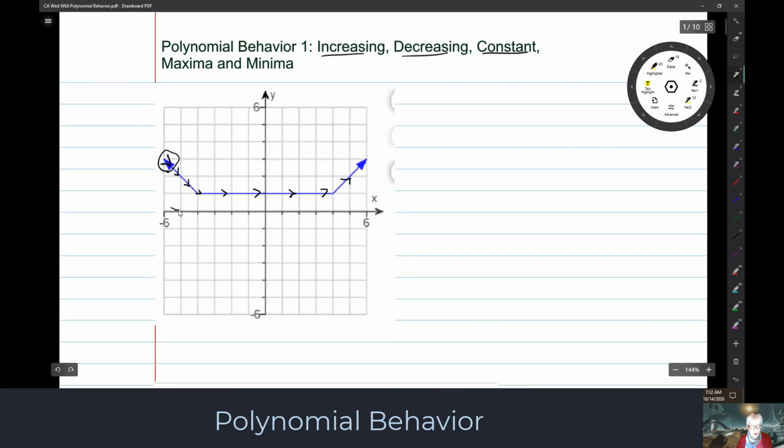And of course, like always on the number line, left to right. So as we move left to right, this side of the graph is going down. We call that decreasing. You know what decreasing is. Well, we're applying it to graphs.